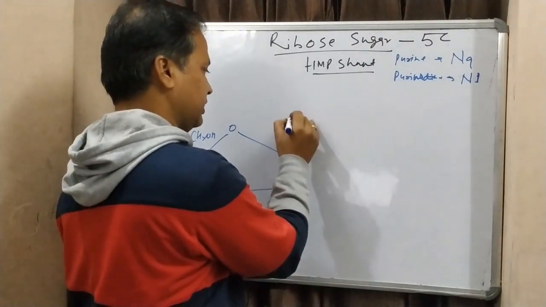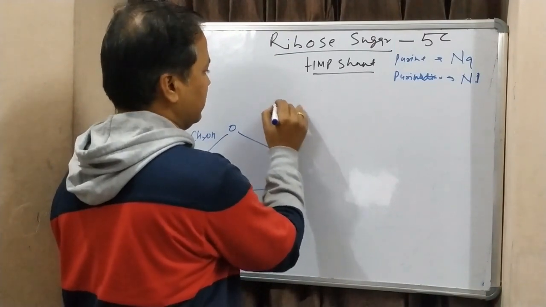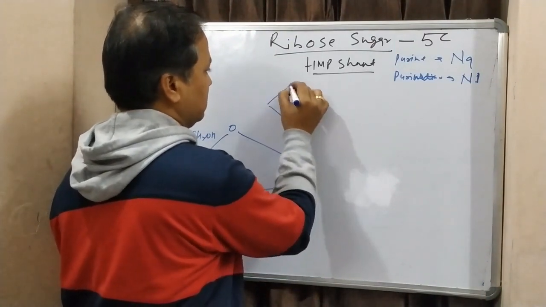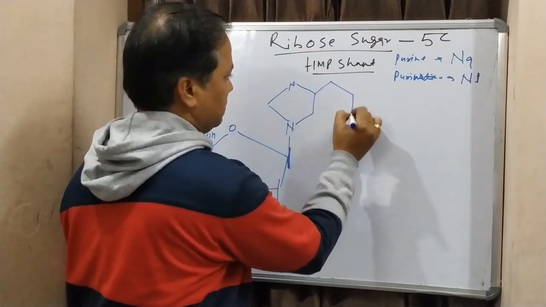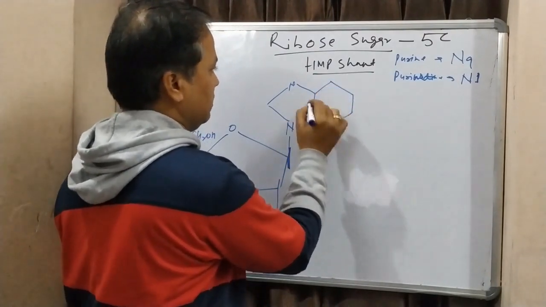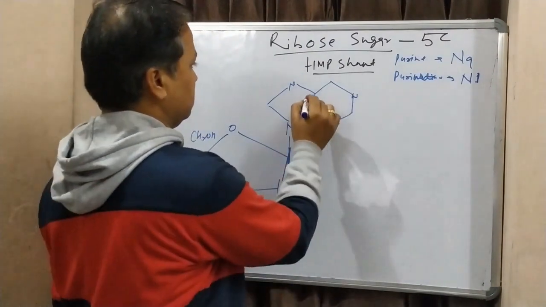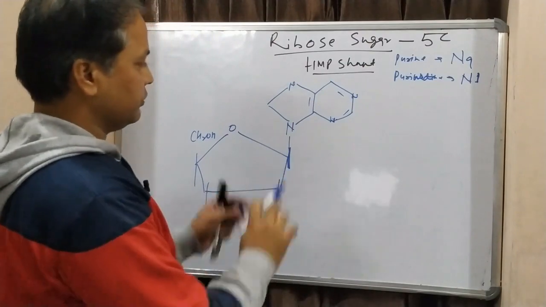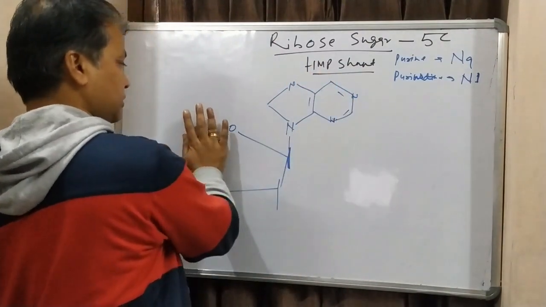If this is nitrogen number 9, so this nitrogen number 9 can exist in one kind of structure where this is on the opposite side of this sugar.